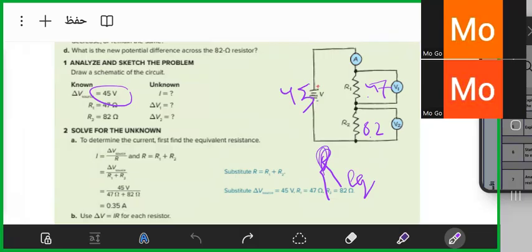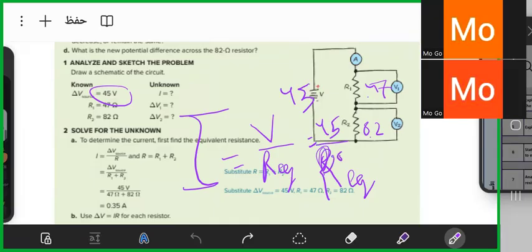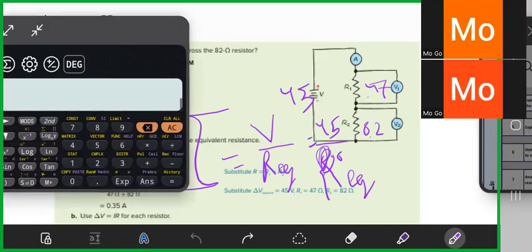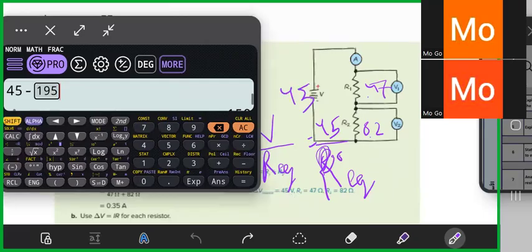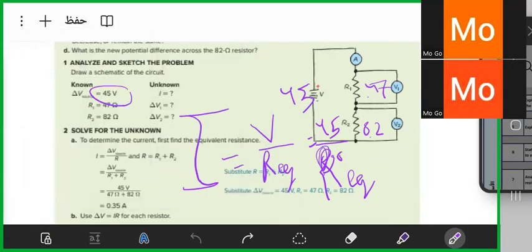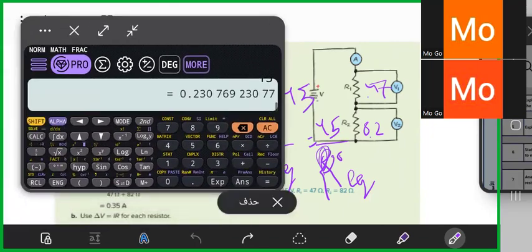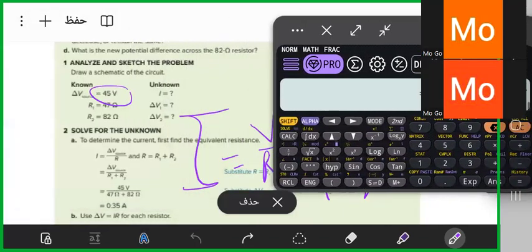So we should get the current I equal V over R equivalent. V was 45 over 129. It was 0.35, as he mentioned.